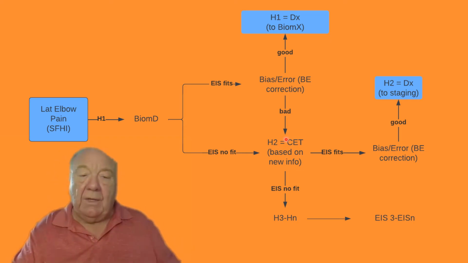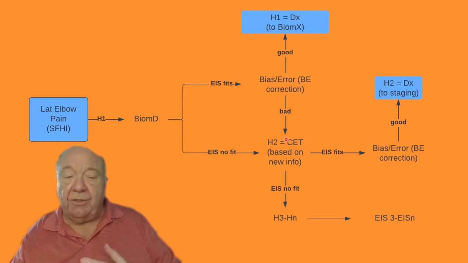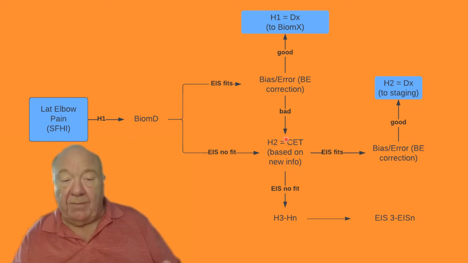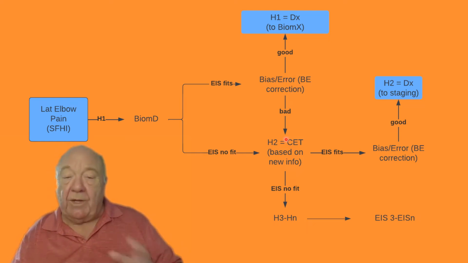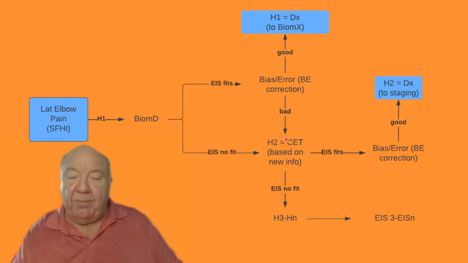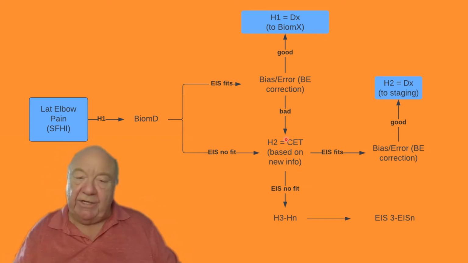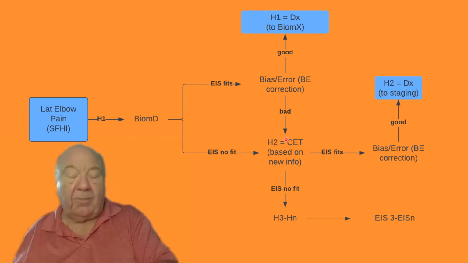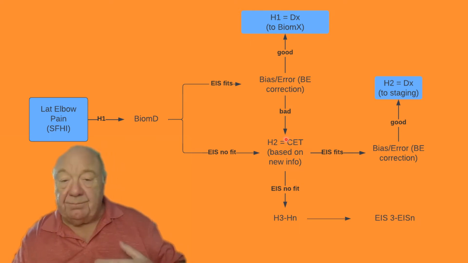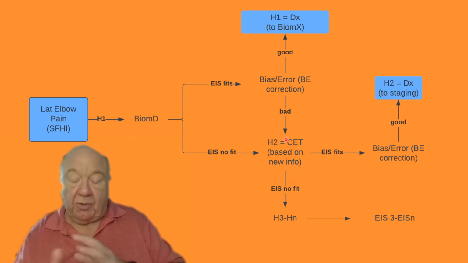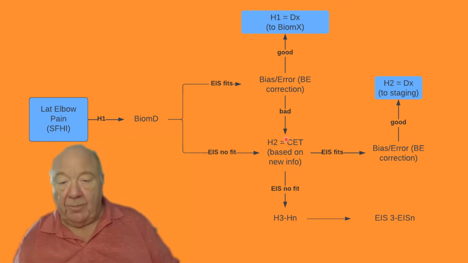For example, if I'm thinking it's a biomechanical dysfunction, I'll look at range of motion, and if the range of motion is good, then I'll get rid of the biomechanical dysfunction as a possibility, move on to H2, which in this case is common extensor tendinopathy, but it could be anything else you like. It could be referred pain, but we're going with common extensor tendinopathy.